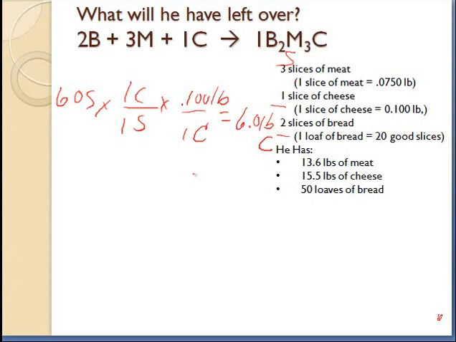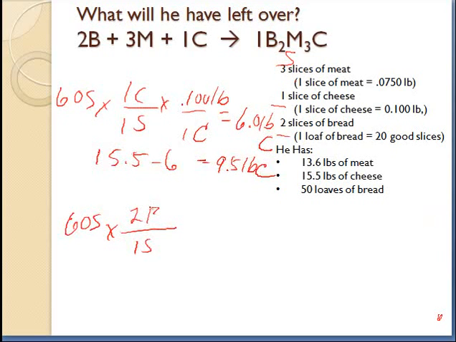And if I need 6 and I started with 15.5, I subtract, and I get that I have 9.5 pounds of cheese left over. And for bread, if I have 60 sandwiches, what I know is that 1 sandwich takes 2 bread, and that there are 20 pieces of bread in 1 loaf.